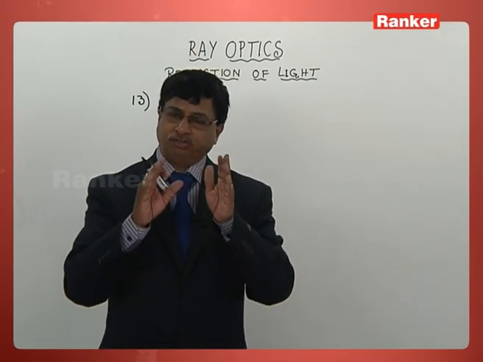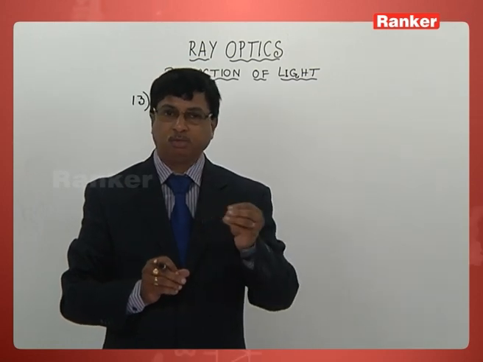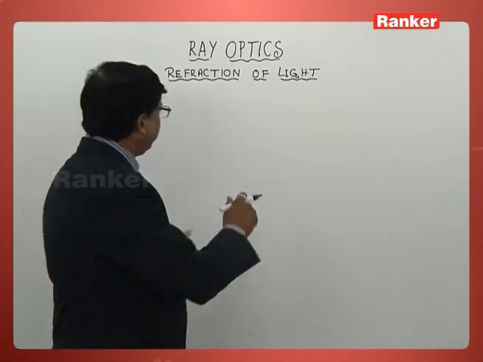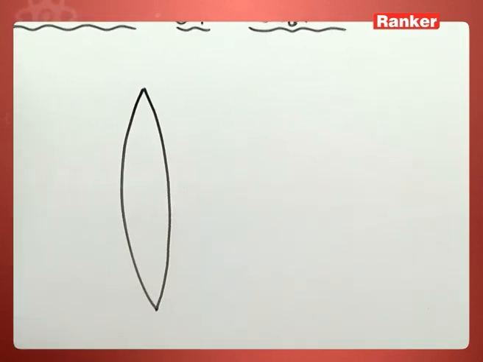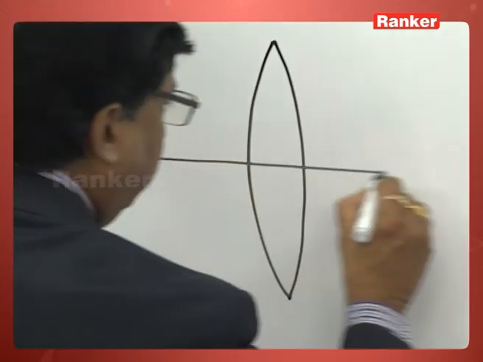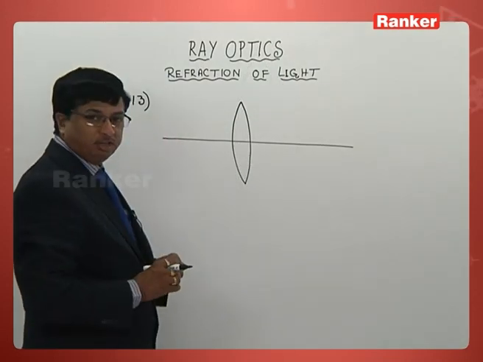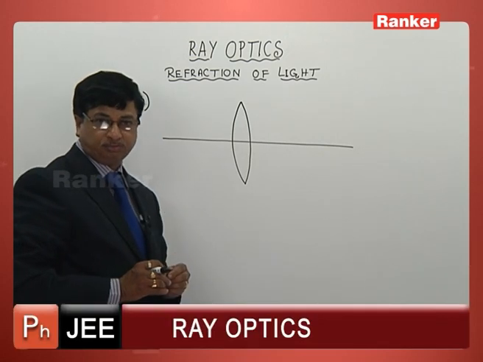Actually, what he is describing in the problem, let me just show you in the form of a small diagram, a small figure. If you look at, this is a convex lens he is talking, the very first one. This is its principal axis. There is an object that is placed on the principal axis.